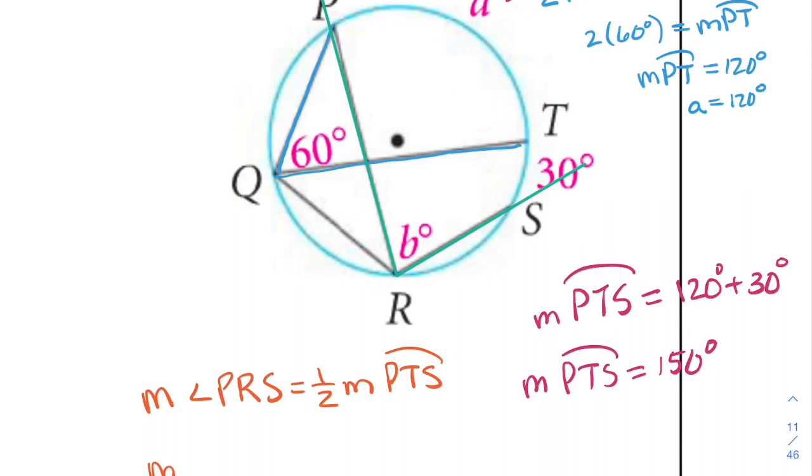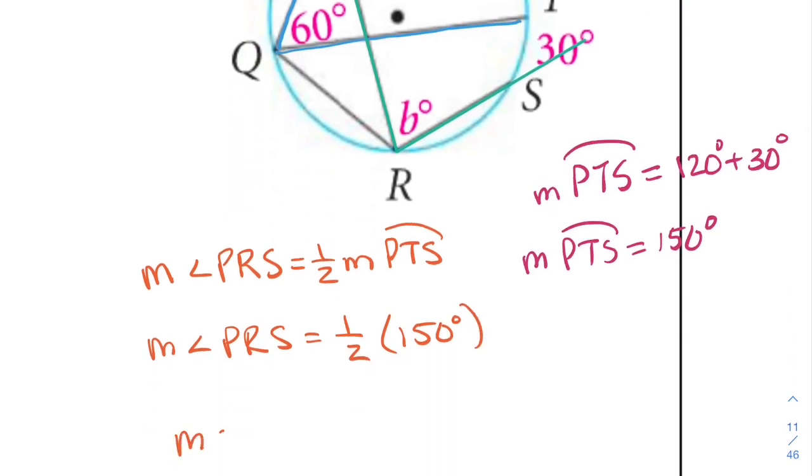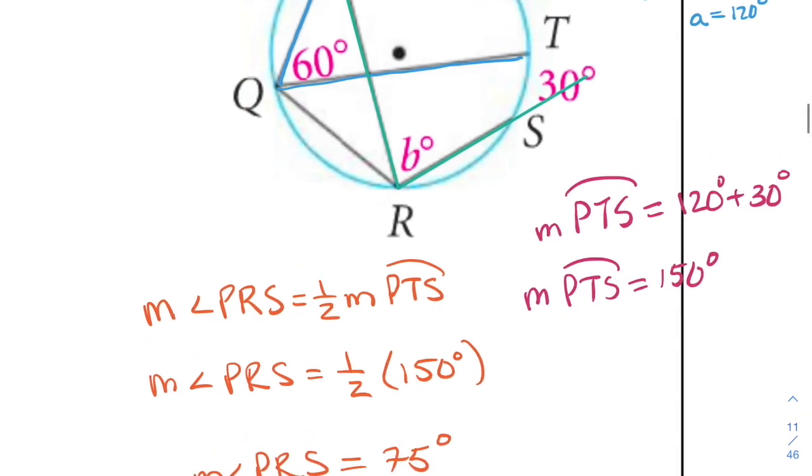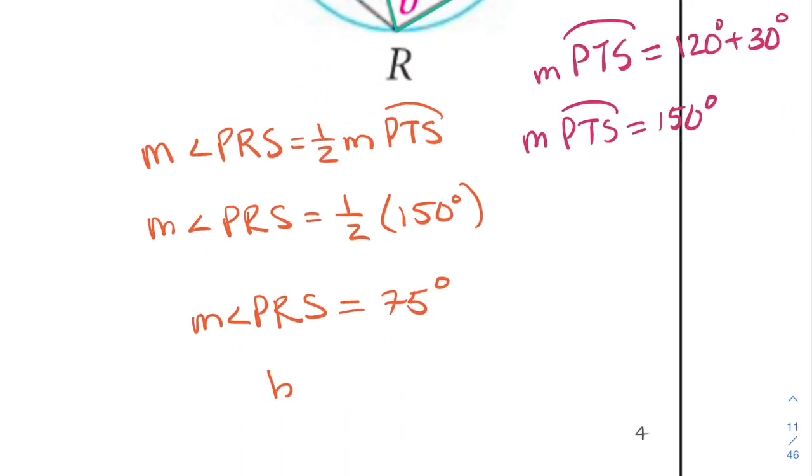So the measure of angle PRS is equal to half of 150. The measure of angle PRS is 75 degrees. And because PRS is equal to B, then B equals 75 degrees.